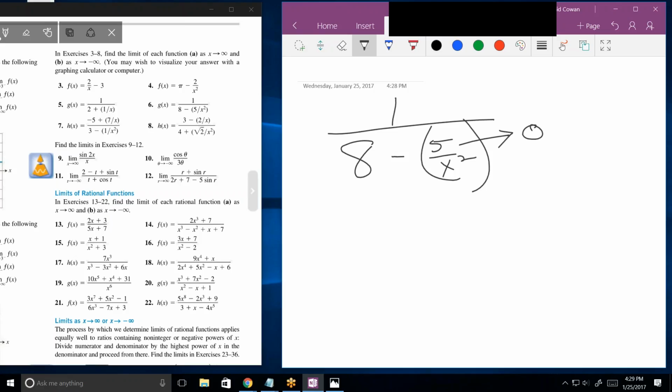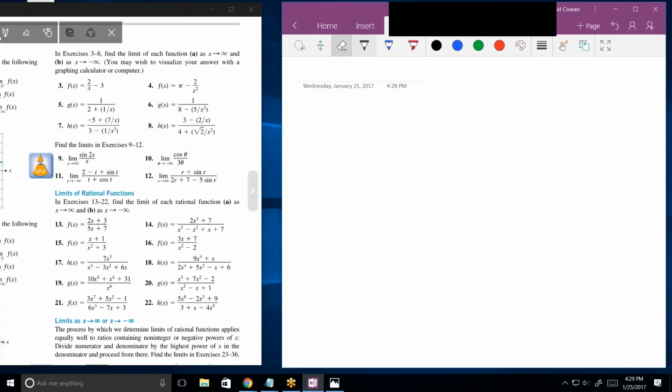Yes. Nothing about the 1 or the 8. It's only this part here that I got the arrow coming out of that goes to 0. And then what's it go to as x goes to negative infinity? 1/8. They're going to give us a hard one here eventually. These certainly aren't hard. Whenever you're dividing by x and x is going to infinity, well, you pretty much know what that thing's going to go to, right?